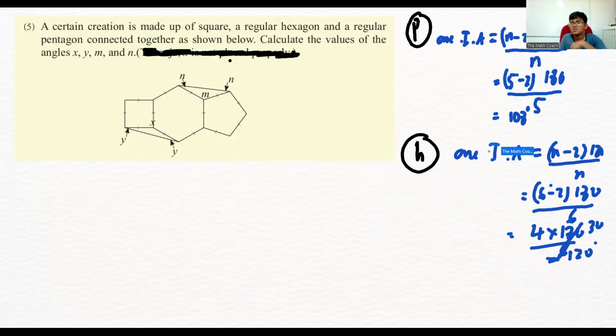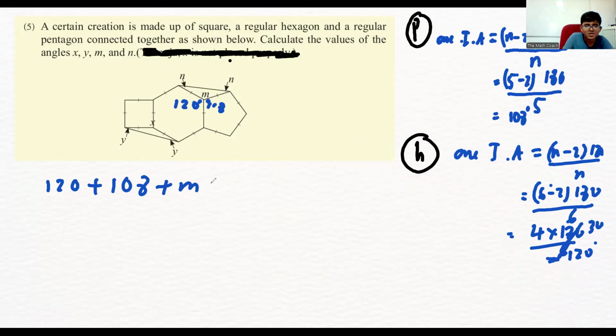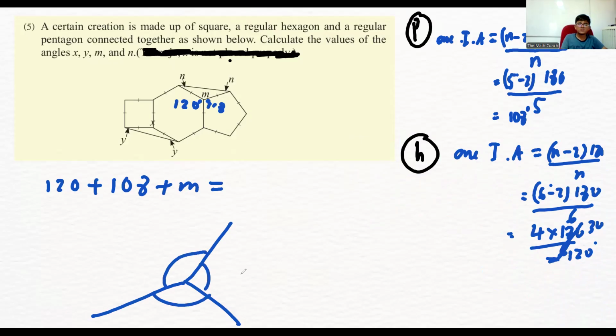Now, what we know is 108 degrees, 120 degrees, and 108, 120, and we don't know m. So 120 plus 108 plus 108 plus m equals how much? We know that angles meeting at a point, if you add all the angles, add up to 360 degrees. So we use that theory to find m here.